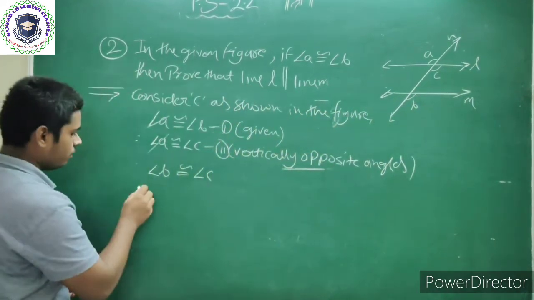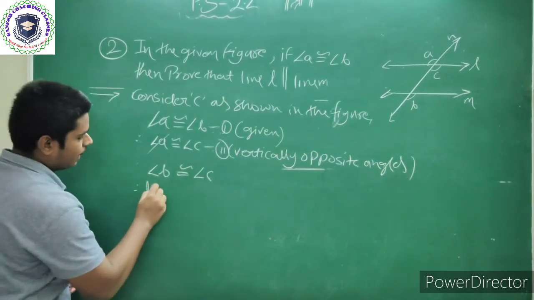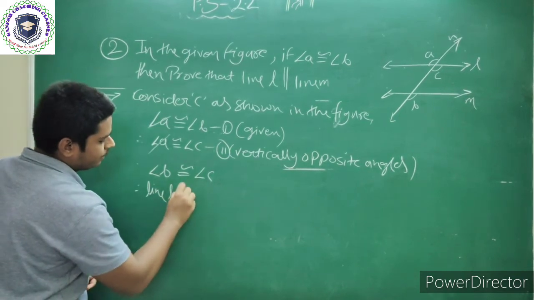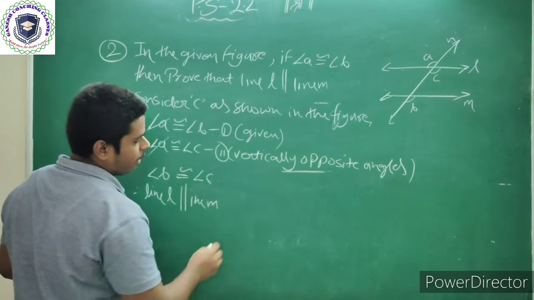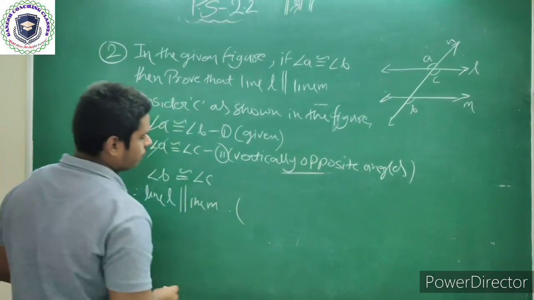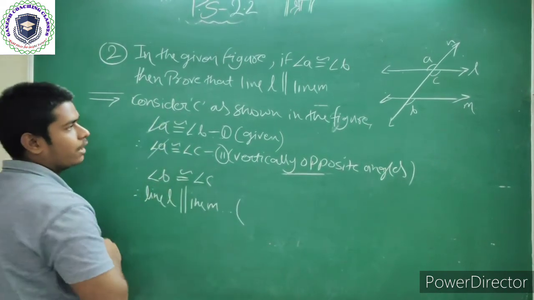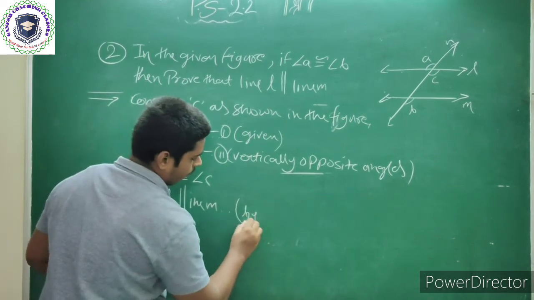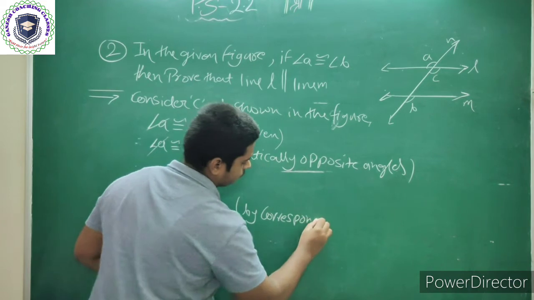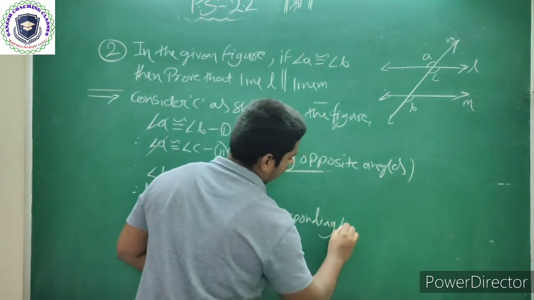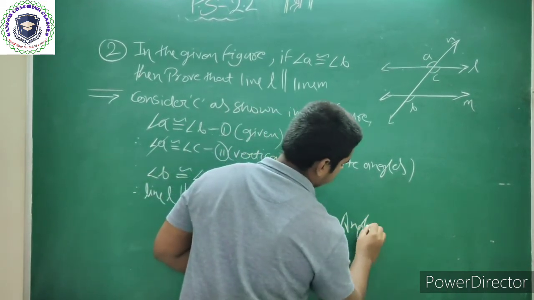Okay, so here line L is parallel to line M. Okay, by which test we wrote this? Because the corresponding angle. Okay, so by corresponding angles test.